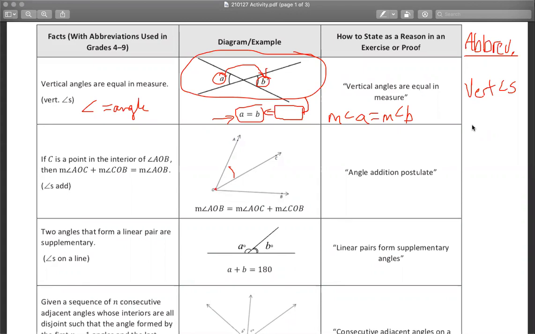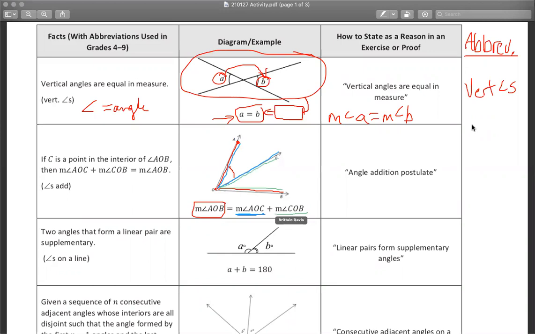So this right here, if I go from A to O to B, that is this angle right here. That angle is going to equal AOC, which is that one right there, plus COB.